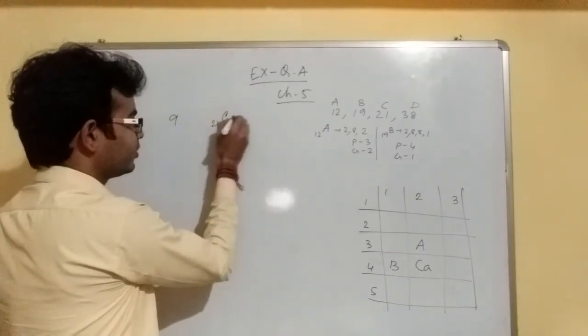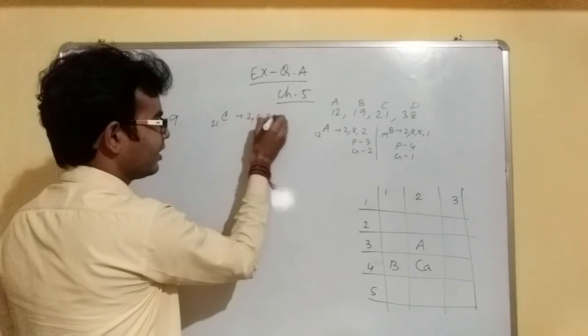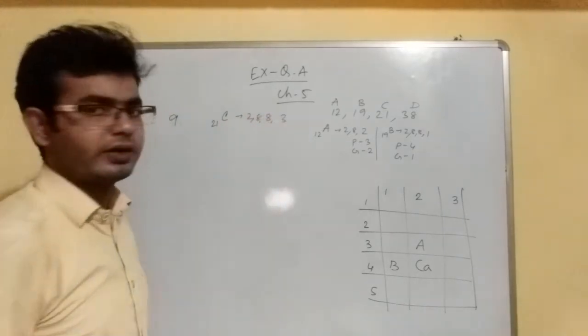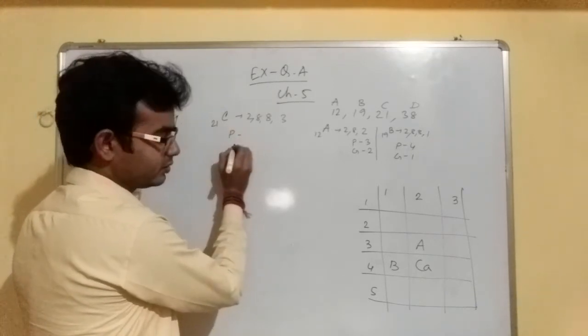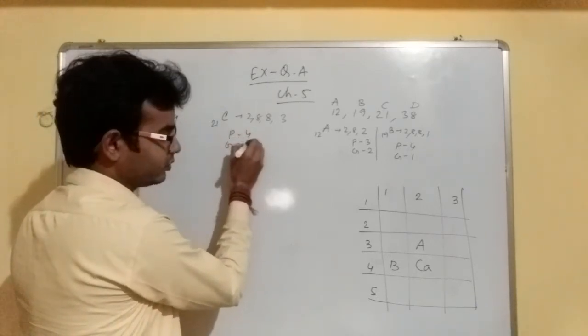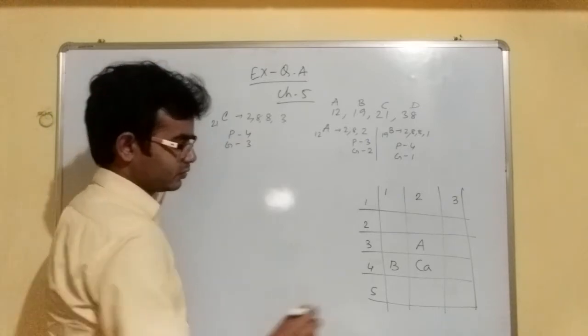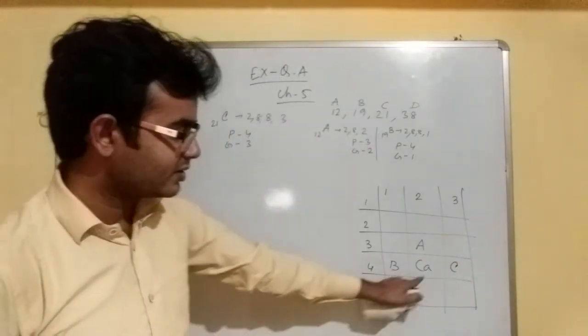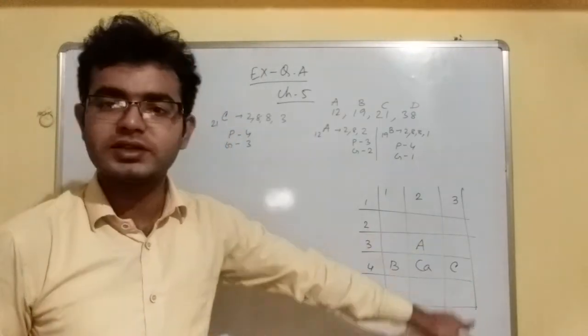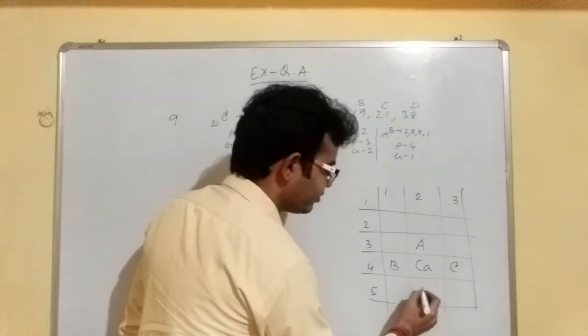Element C, atomic number 21, 2, 8, 8, 3. Thus it can be written as period 4 group 3. So here it is element C. So it's given that calcium is surrounded by these 4 elements. So obviously the position of D will be this.